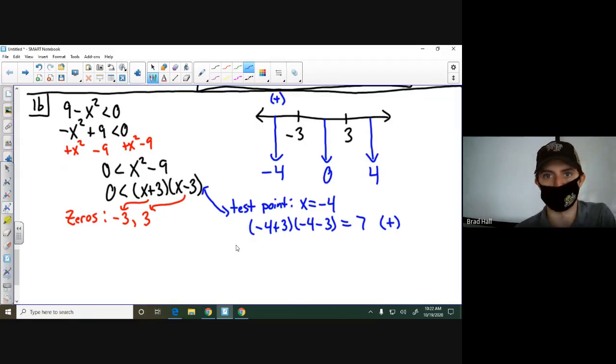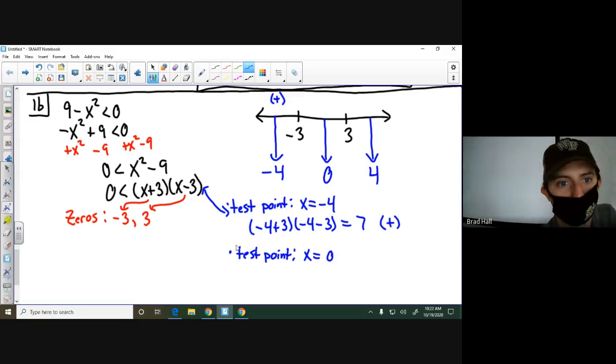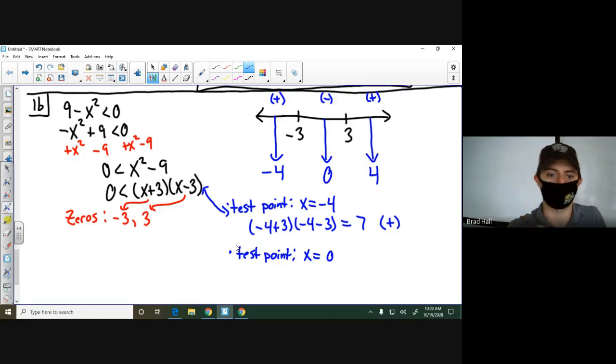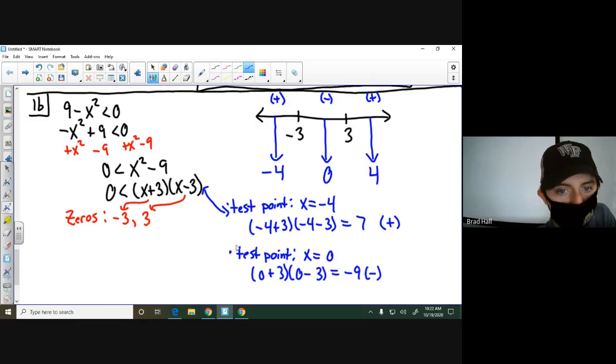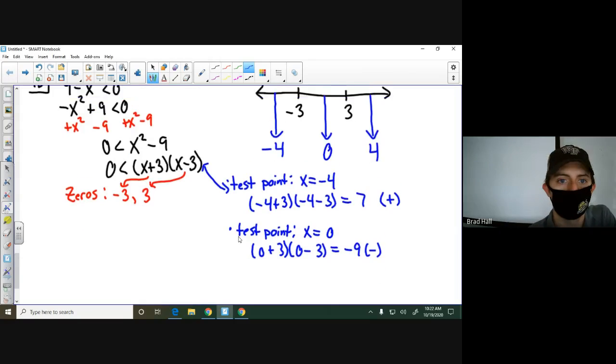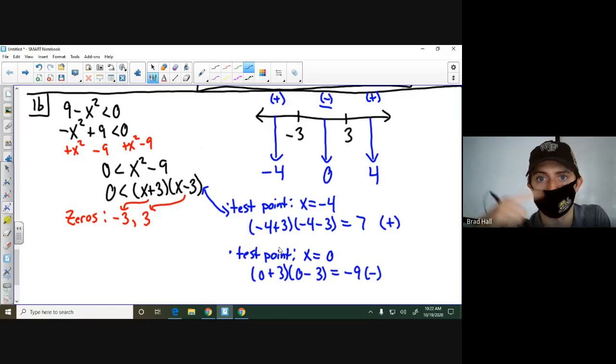And we just keep going. We have 2 more test points. So that was the first one. See, and by knowing crossing or touching behavior, I already know that each one's going to cross. So I already know that it's going to be negative and positive because they have to alternate. But if you use the test points, you'll figure out these values the exact same way, which equals -9, which is a negative number. So then that's why you would put the negative here, which is right above the test point of 0.